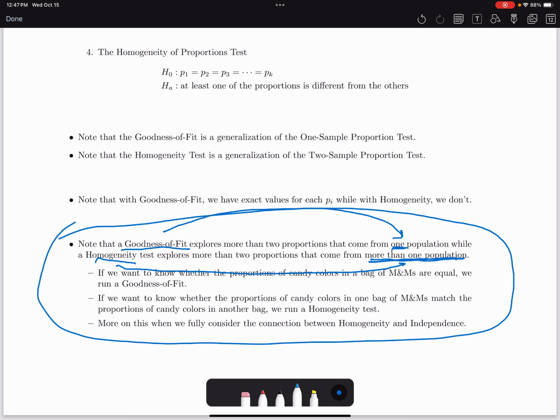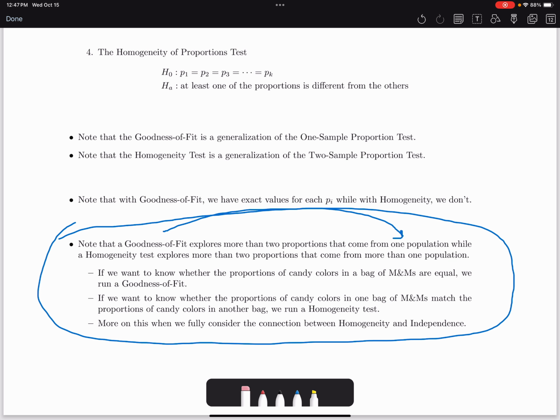Okay, so just to give you some examples of that, right? If we wanted to know whether the proportions of candy colors in a bag of M&Ms are equal, we would run a goodness of fit test, right? Because we only have one bag of M&Ms that's coming from one population, but we have multiple colors, like 6 colors, right?